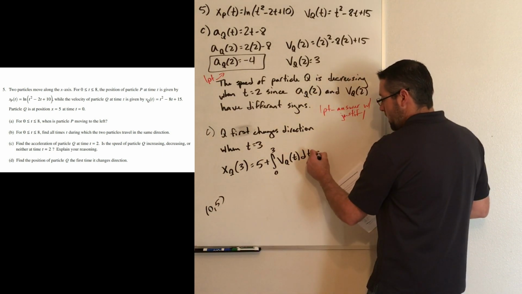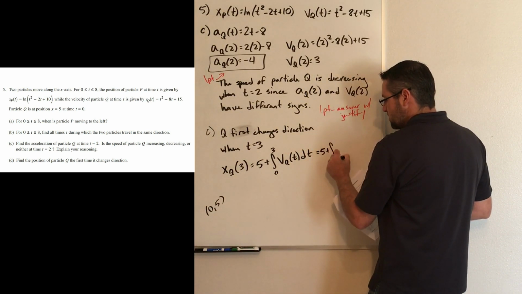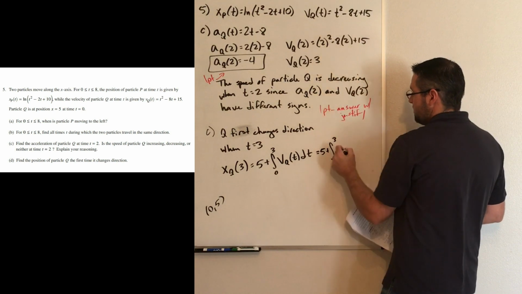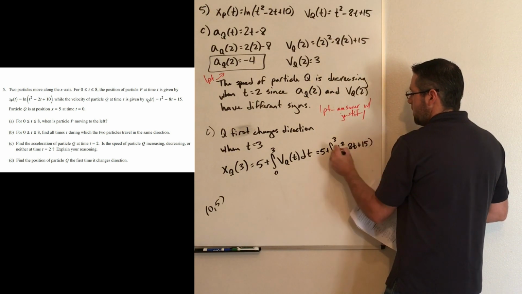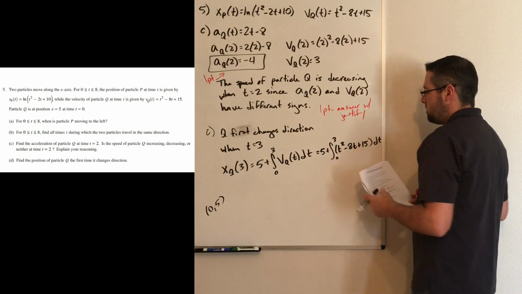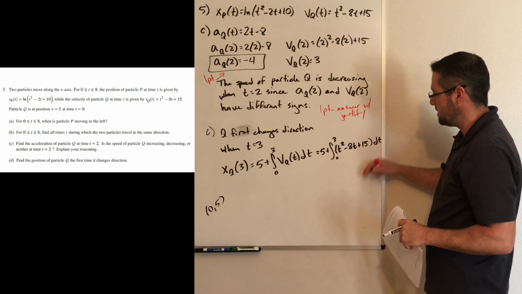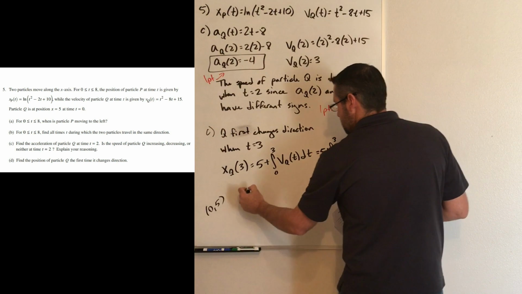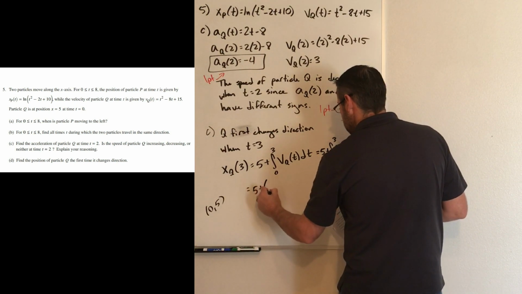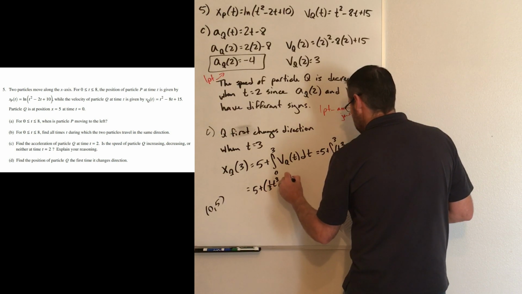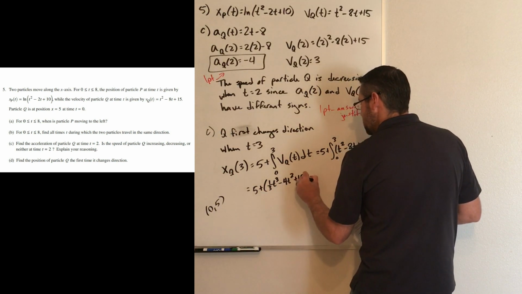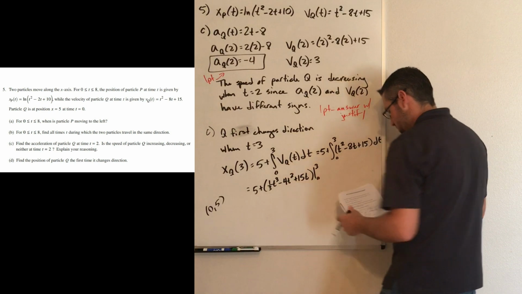Now, I'm going to rewrite this as 5 plus the integral from 0 to 3 of my velocity function, that's t cubed minus 8t plus 15, dt. Because this is not a calculator problem, we have to take the antiderivative here. So that's equal to 5 plus 1/3 t cubed minus 4t squared plus 15t, evaluated from 0 to 3.